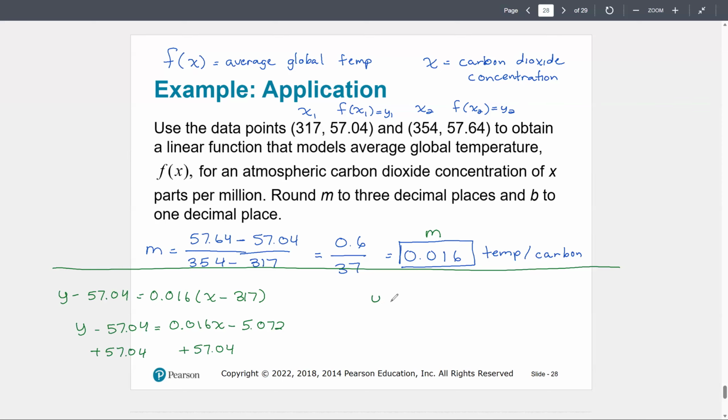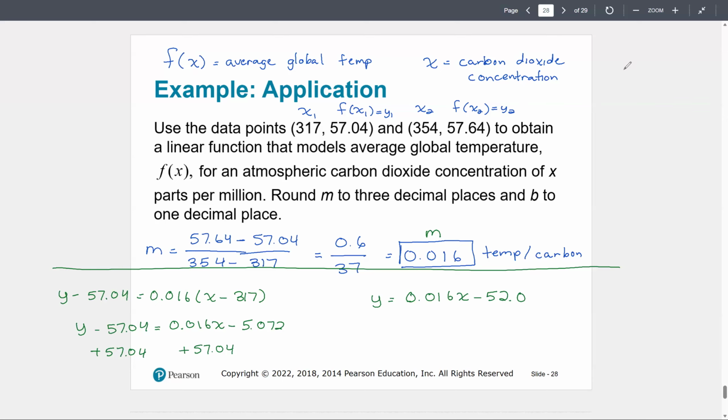And we're going to get that y is equal to 0.016x, plus this time, 51.968, and I'm rounding to one decimal place, so I'll just round up to 52.0.